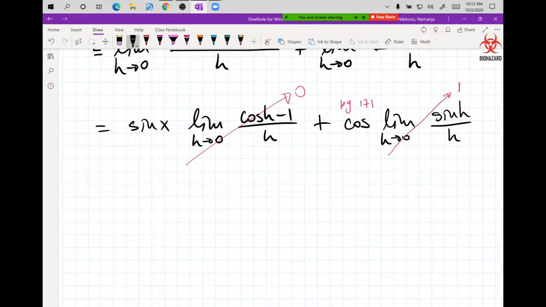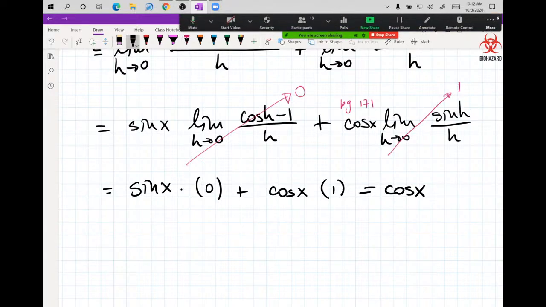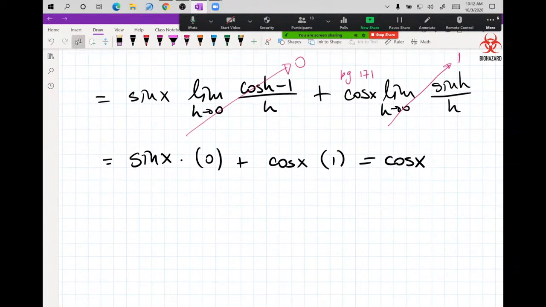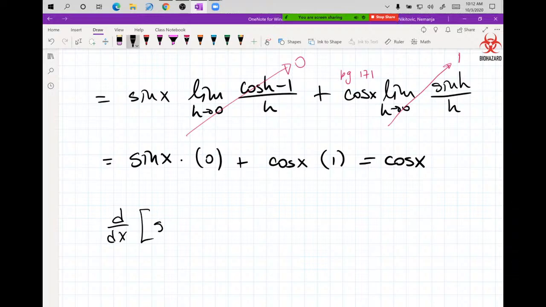So this gives me sine x times 0 plus cosine x times 1, which is cosine x. And at this point, you've learned that the derivative of sine x is cosine x.